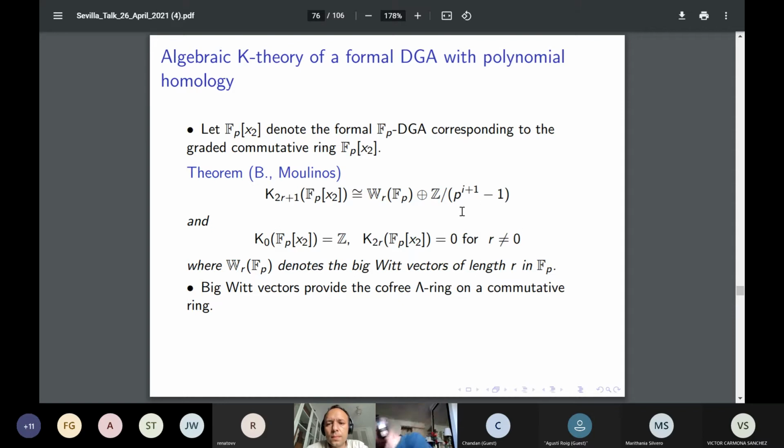Yeah. So these Witt vectors are basically the cofree lambda rings on a commutative ring. These lambda rings are rings with some sort of a Frobenius on them, and so on. But the big Witt vectors here appear from the combinatorics of our computations.